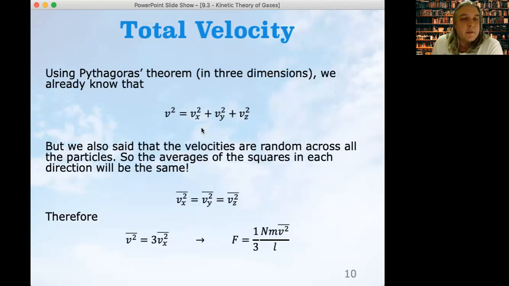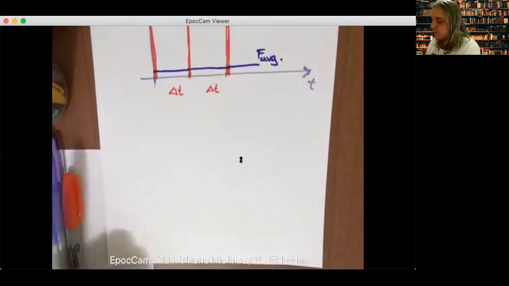Now this step is hopefully nothing too difficult. You've all seen Pythagoras' theorem, where the sum of the two squares is equal to the square of the hypotenuse. Now what we're doing is applying that to 3 dimensions, and just to convince you, I will take a moment to draw that.